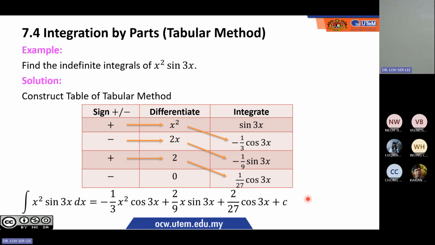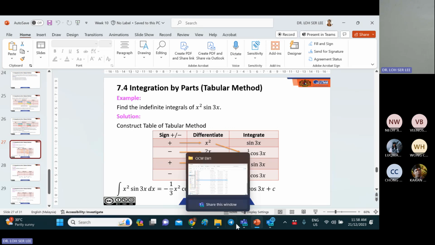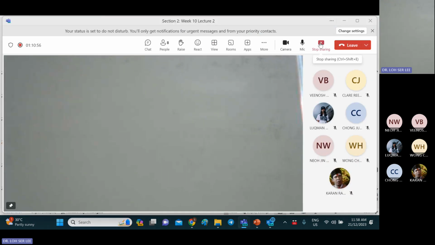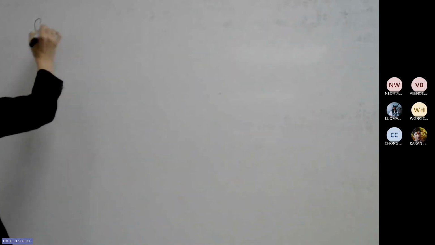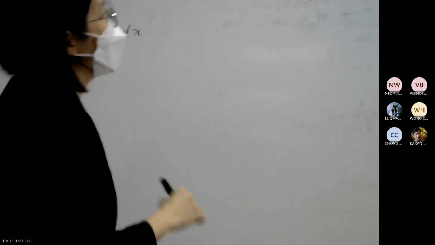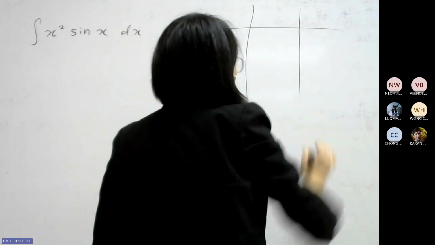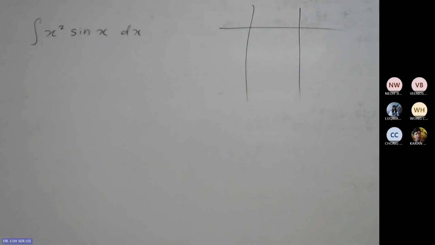Okay, so if I repeat this with the previous example just now, the tabular method is very, very user-friendly. You see, when we want to integrate x squared sine x, we just need this.